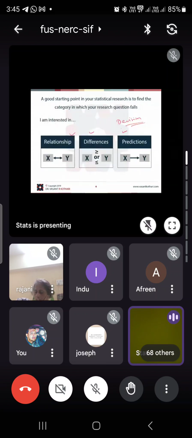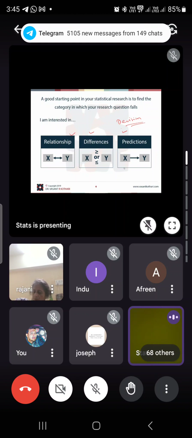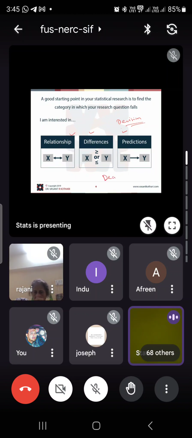So I repeat again, in statistic, you are doing only these three things. Either you are going to find out the relationship or difference or prediction. Whatever numericals you will do, you will be doing any one out of these three: relationship, difference, or prediction. And these are nothing but the decision.